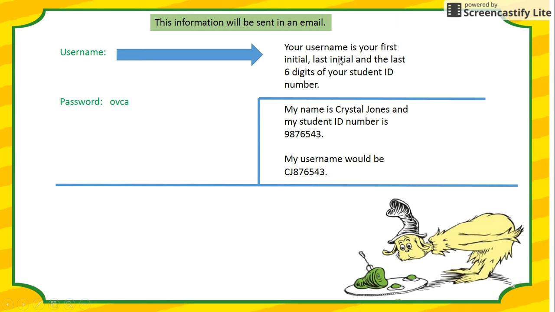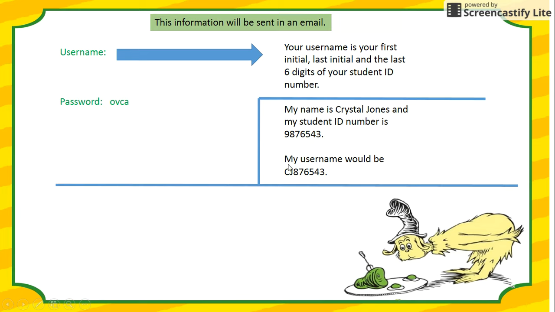Your username is going to be your first initial, your last initial, and the last 6 digits of your student ID number. So for example, my name is Crystal Jones, and say my student ID number is 9876543.